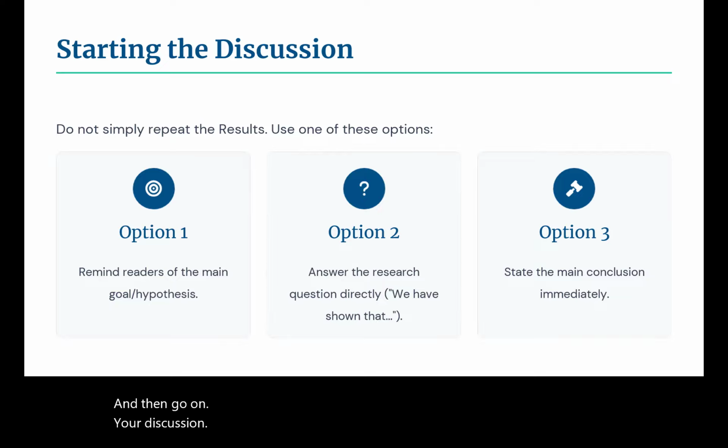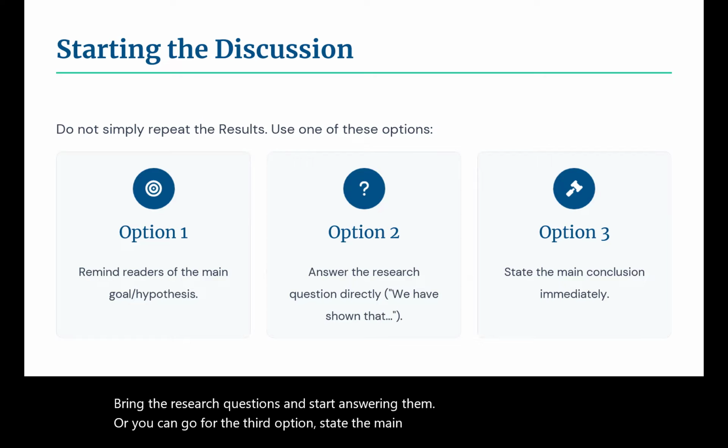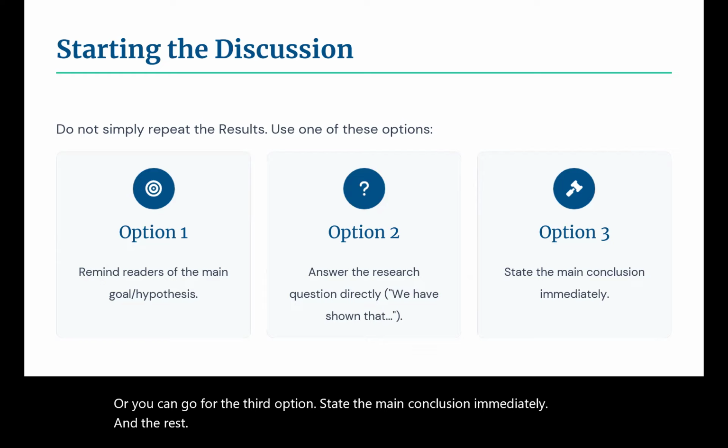Or rather, bring the research questions and start answering them. Or you can go for the third option: state the main conclusion immediately and the rest one after the other.